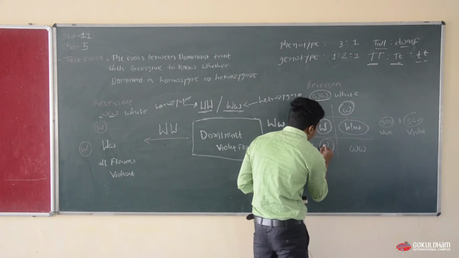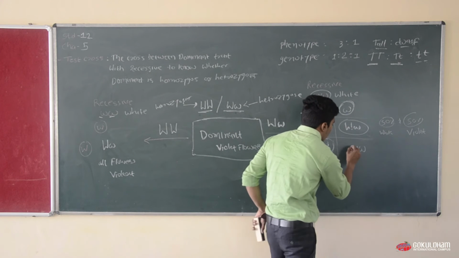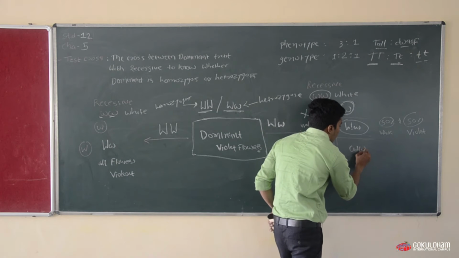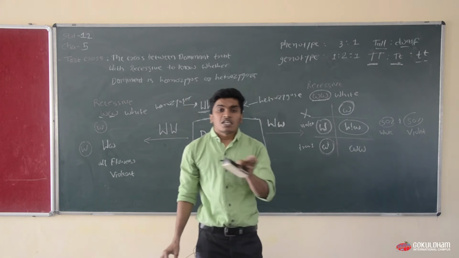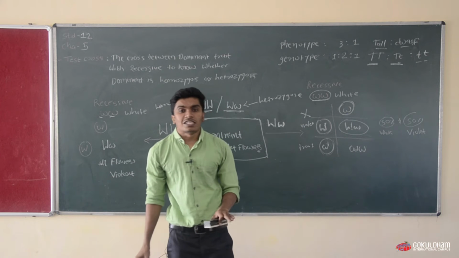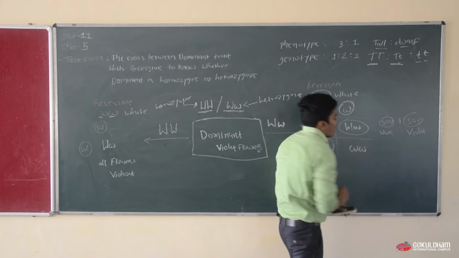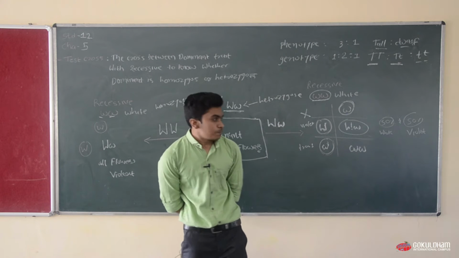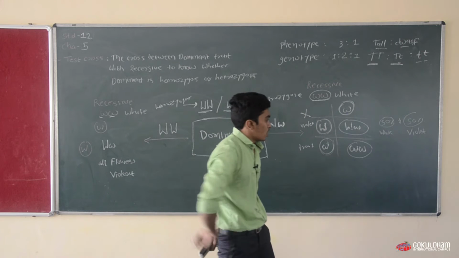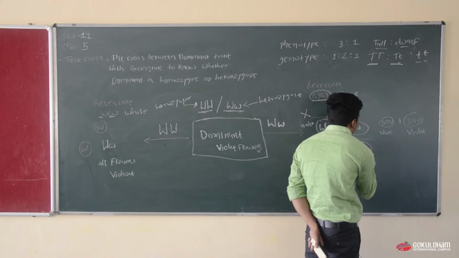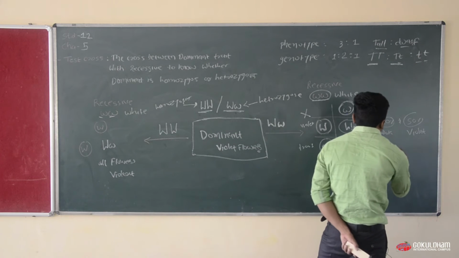And in the other, here is a small w and here also a small w. So the zygote will form with both alleles being small w, the white allele. Both alleles have the white trait. So the plant that forms will have both white alleles, and that's the reason it will produce a white flower.